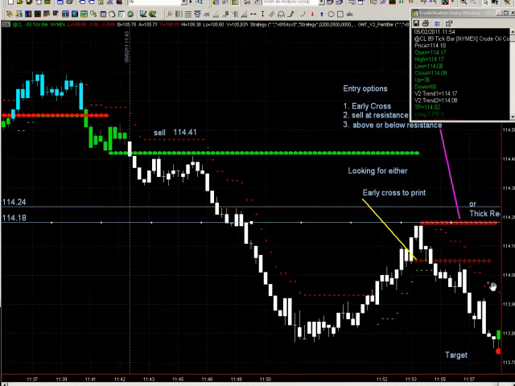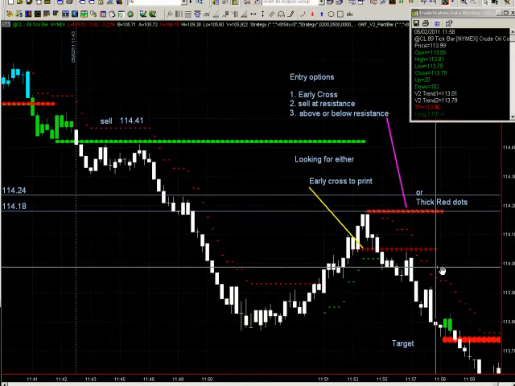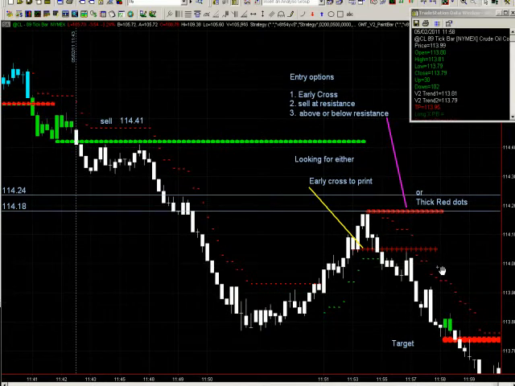If you like the concept of a trailing stop because that allows you to reduce your risk, you use a trailing stop. But you might also decide that you're happy to risk 5 to 8 points because you want to give the trade as much room as possible to hit your target.